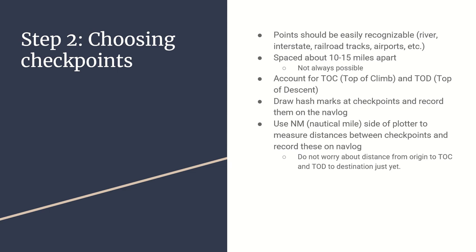A couple checkpoints that are givens, that are not necessarily visible checkpoints, are what we call a top of climb and a top of descent. When we are using that climb chart to plan how long and how far and how much fuel we're going to burn during the climb out, we also use that information to figure out where exactly on our route we're going to reach our top of climb, or kind of the neighborhood of that, right?